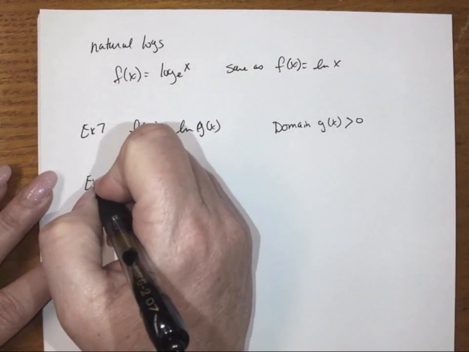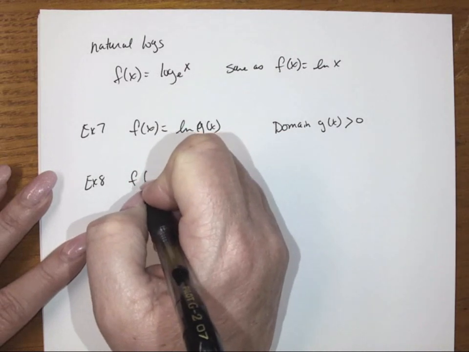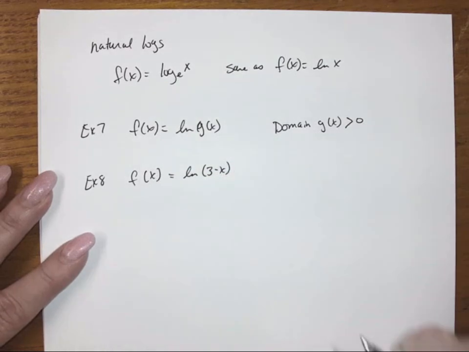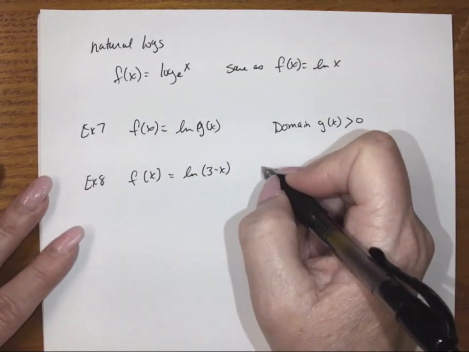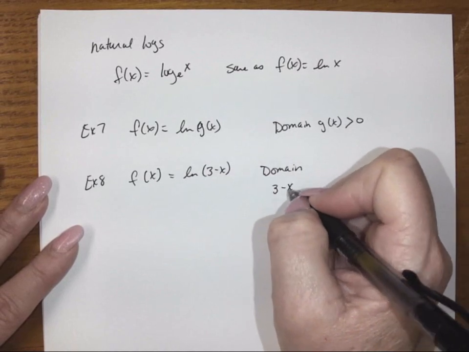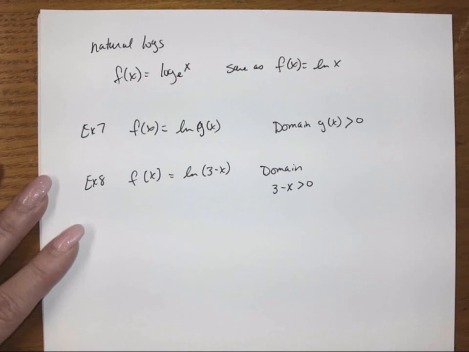If we look at example 8, we're looking at f of x is equal to the ln of 3 minus x. If we're looking at this domain, we're going to take 3 minus x and put it greater than 0 because that's what our function has to be.